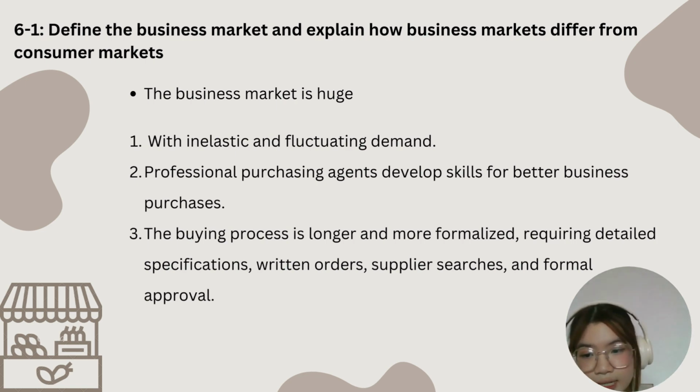With inelastic and fluctuating demand, the total demand for many business products is not much affected by price changes, especially in the short run. Professional purchasing develops skill for better business purchases, which means the more complex the purchase, the more likely it is that several people will participate in the decision-making process.